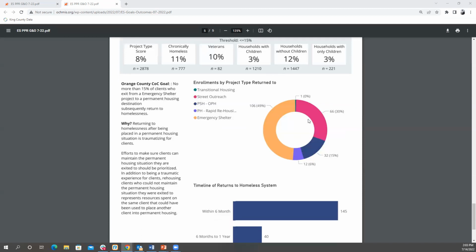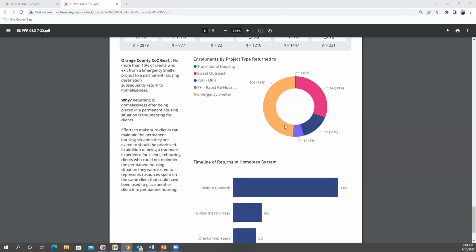And so in this donut, you can see the project type that these clients are returning to. 30% are returning to street outreach, and 49% are returning to another emergency shelter. So that does make sense with the flow of our system, especially with coordinated entry, those are the project types these clients would return to.